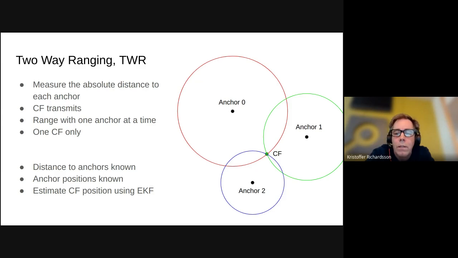So when the Crazy Fly has the distance to anchors and it has the position of the anchors, we push all this information into an extended Kalman filter to estimate the position. It could be done in different ways as well, but the Kalman filter is used for all positioning sensors I have pretty much. So this is just one of many ways of estimating position.